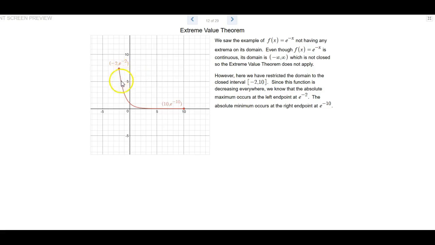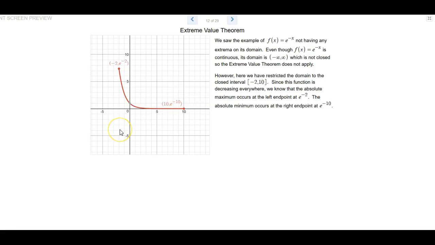All the y values are continually decreasing as we move along the x-axis to the right. It's a decreasing function, so a maximum is going to be at the leftmost endpoint, and a minimum is going to be at the rightmost endpoint, because this is a strictly decreasing function.